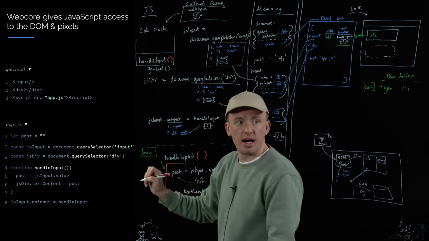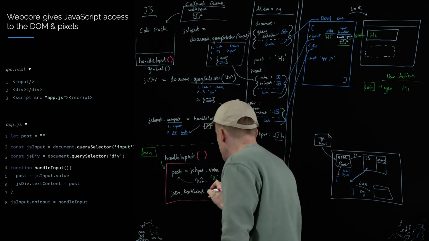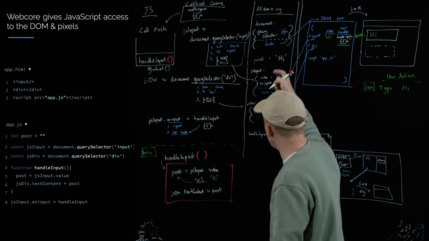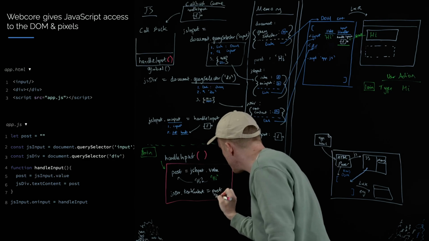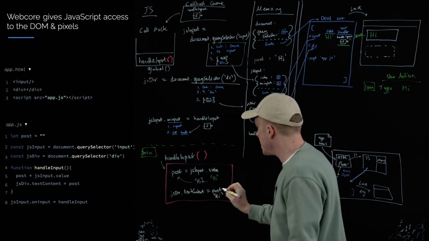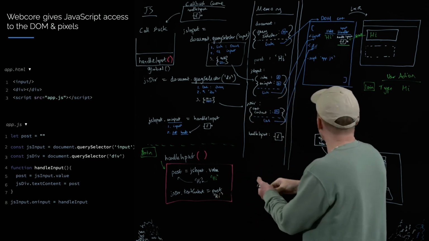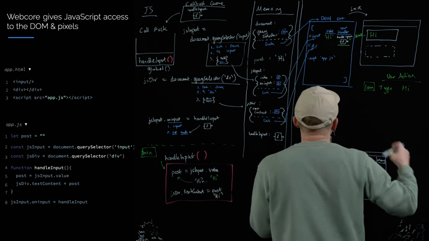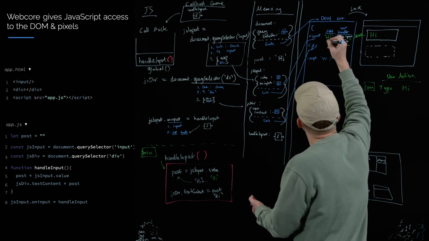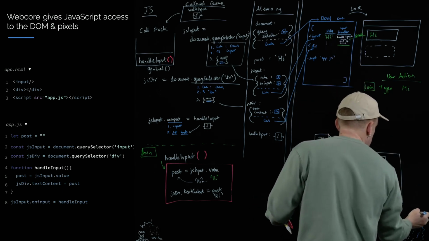I love that. Really nice. Exactly. And setting it equal to the value of post, which is the string hi. Beautiful. And that is setting it as the text on the DOM C++ element of our div.